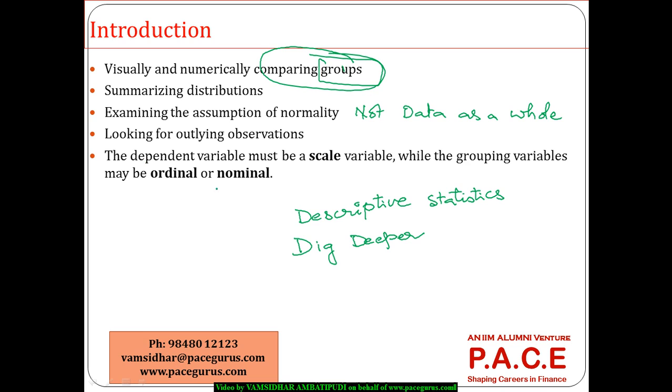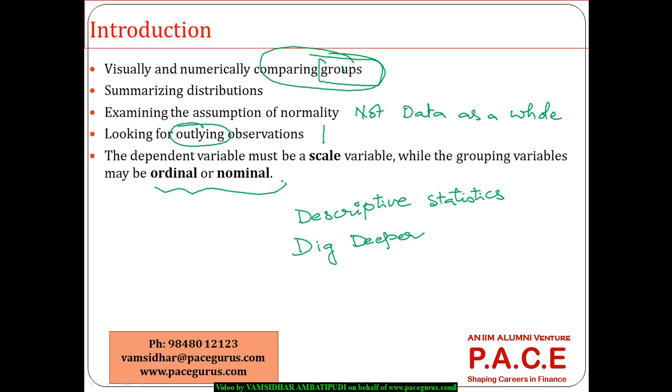So we can try to identify the outliers within the subgroups, not at a macro level. For this, one minimum requirement is that the way we classify the groups should be based on either an ordinal or nominal variable.